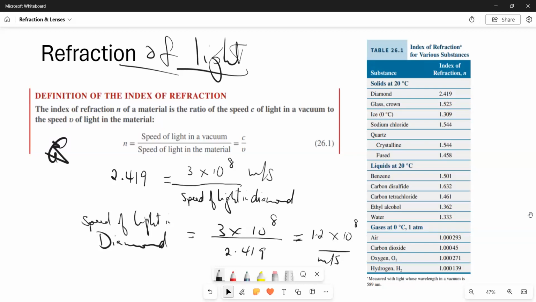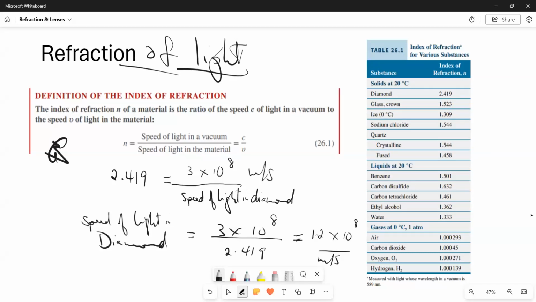There's this theory that light behaves like a particle, it has a certain amount of energy, and as it passes into the diamond, the atoms in a diamond are so tightly packed, it opposes the photon, and therefore it slows down.